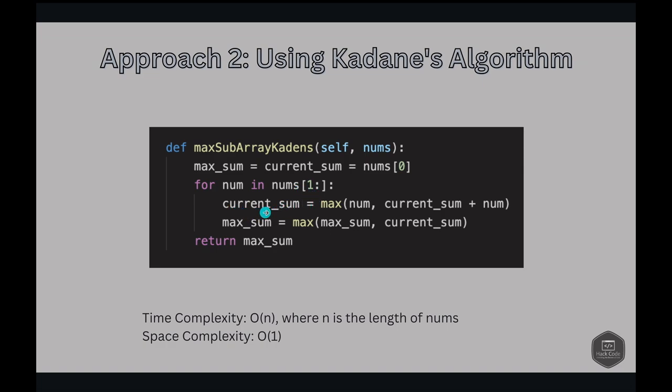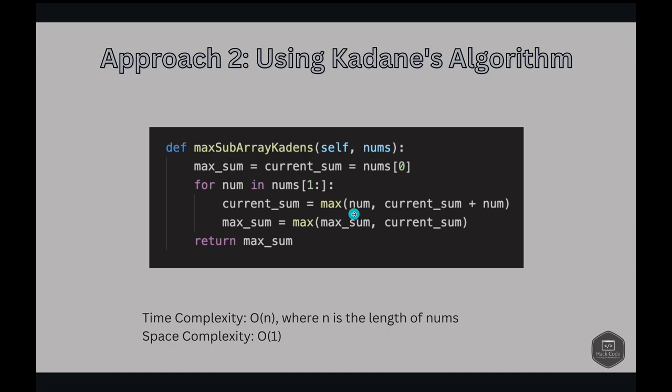As we discussed, this algorithm checks whether adding each number benefits us or not. This is the point where we check. The current sum is equal to the max of num and current sum plus num. There could be cases where adding this num to the current sum is a benefit, or else it is better to not take the previous sum and consider a new array starting from here.